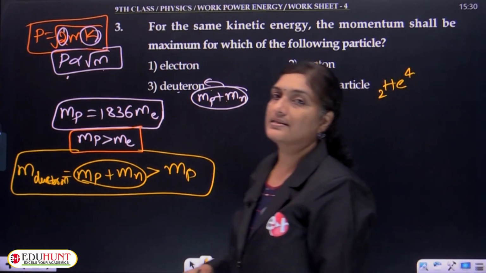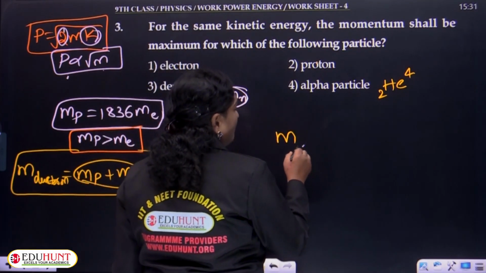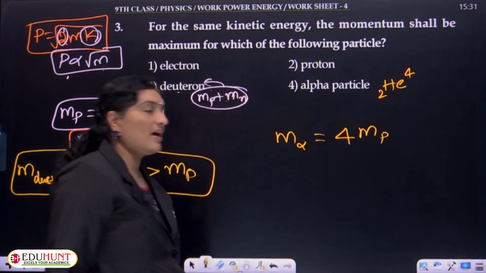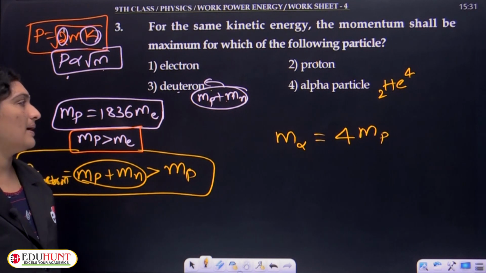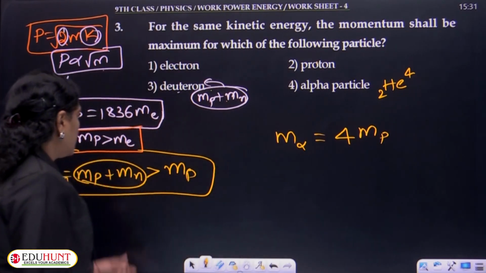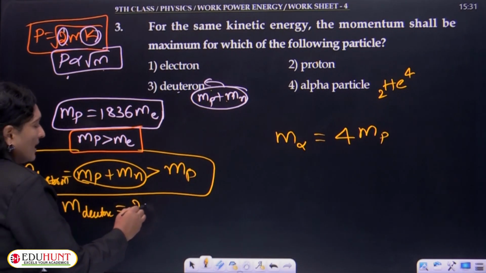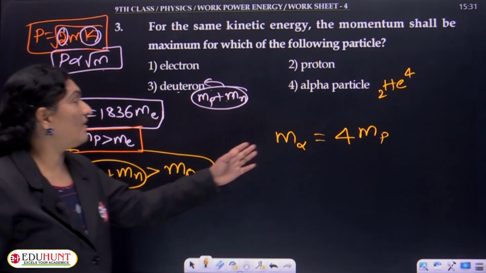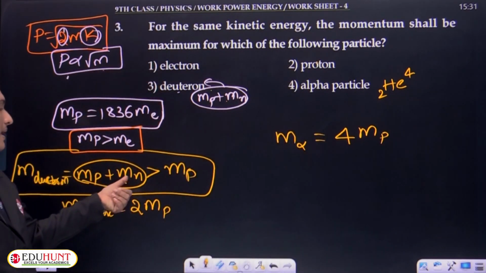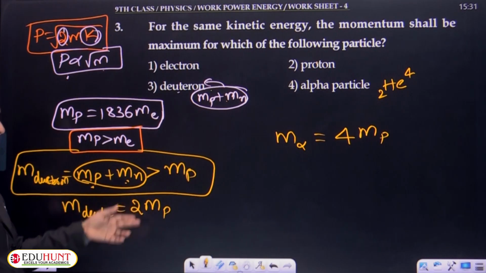So clearly this indicates that the mass of the alpha particle is 4 times the mass of the proton. The mass of deuterium is only 2 times the mass of the proton, but the mass of the alpha particle is 4 times the mass of the proton. Why? Because, children, remember that the mass of neutron is almost equivalent to the mass of proton, almost similar. That is the reason why I wrote it as 2.